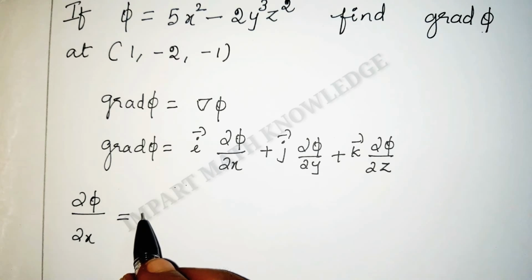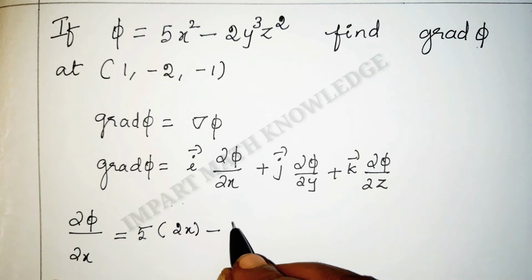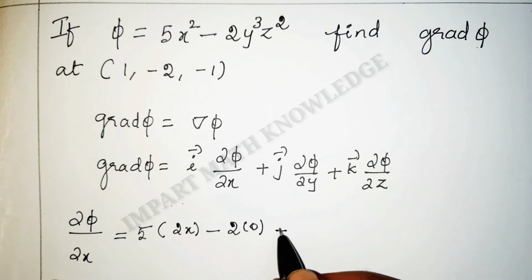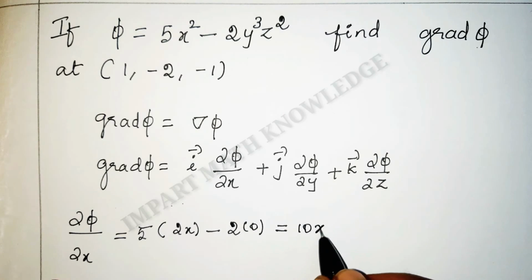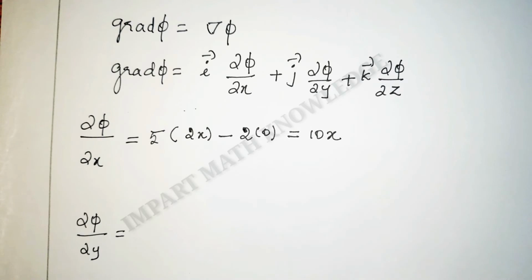You have to differentiate phi with respect to x first. Dou phi by dou x is 5 into differentiation of x square is 2x, minus 2 into y and z are constant terms, so 0. So dou phi by dou x is 10x. Next we have to differentiate with respect to y.